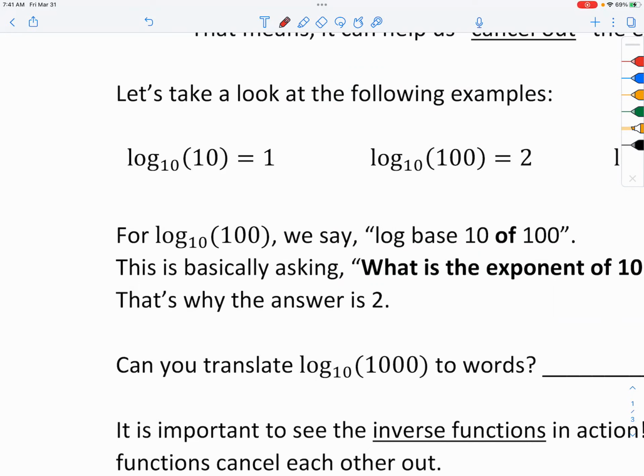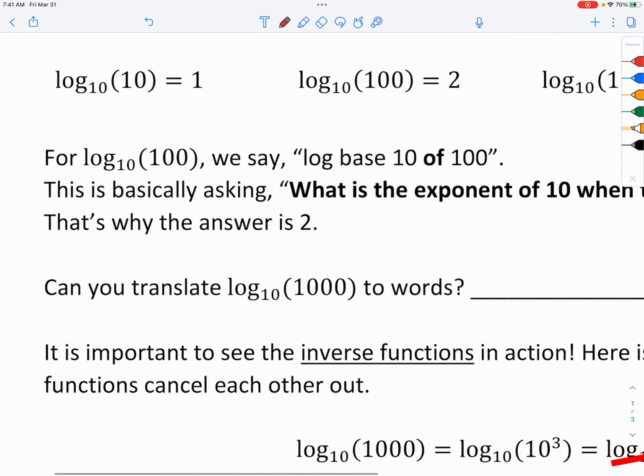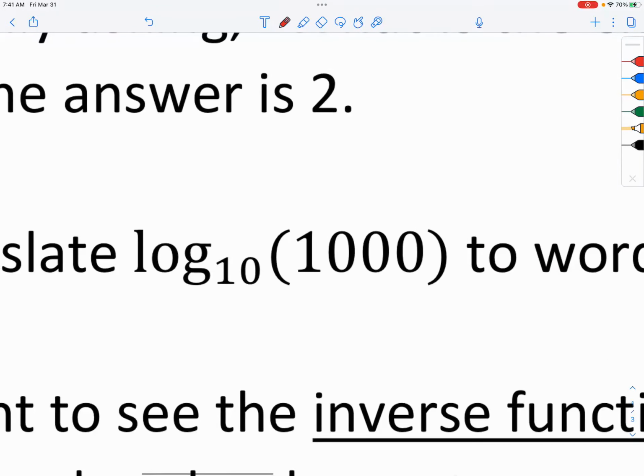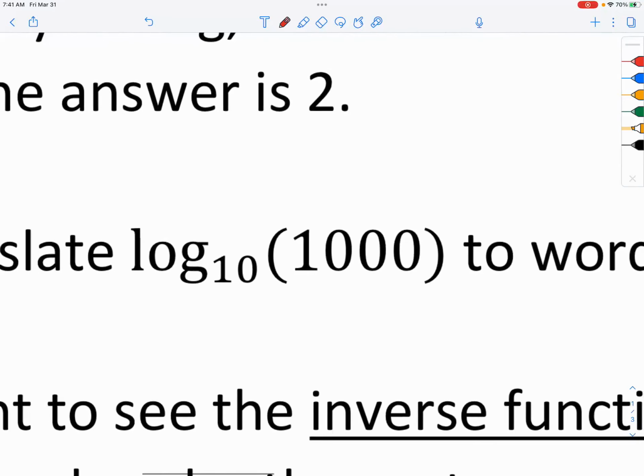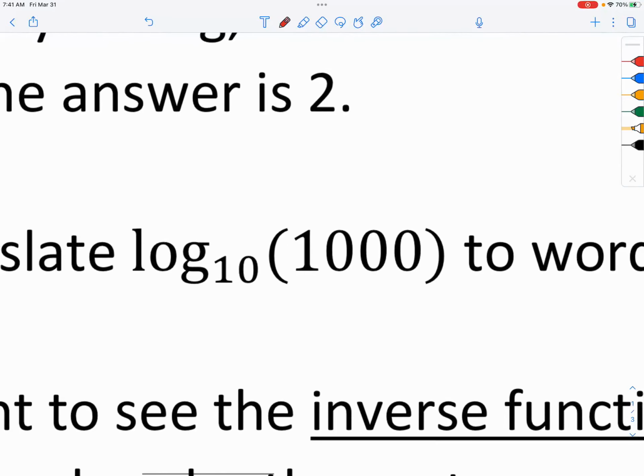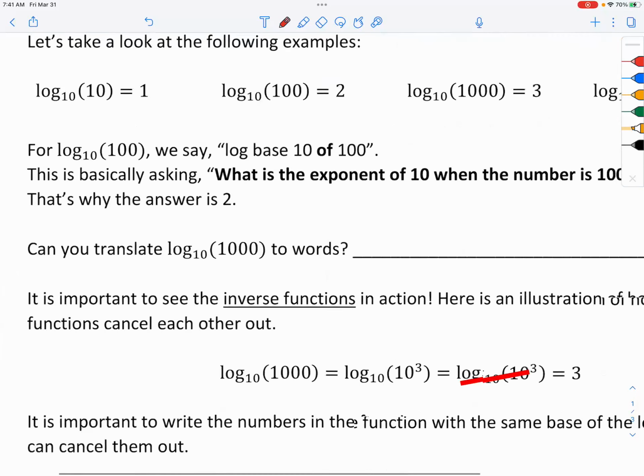I want to make sure that you are not looking at this as a multiplication. This is a function. It's log base 10 of 100. Now, can you go ahead and translate this? And write the translation of this notation on the line given to you.